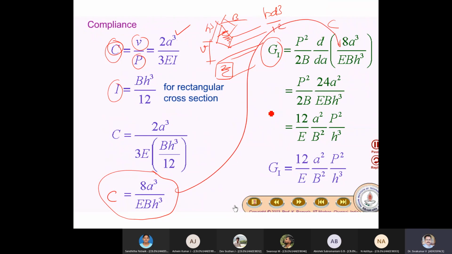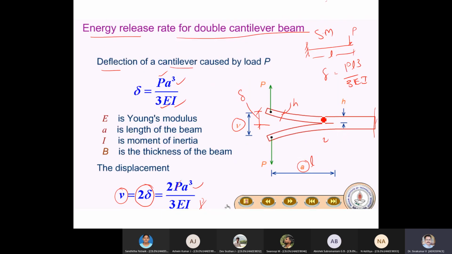Once you do that, I will get my G1, the energy release rate, as 12 by E into A square by B square, P square by H cube. E means stiffness, A means crack length, B means breadth of the beam, P is the amount of load given, H is the depth of the beam. So this is the energy release rate which comes out of the double cantilever beam.